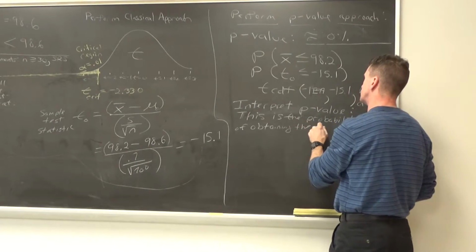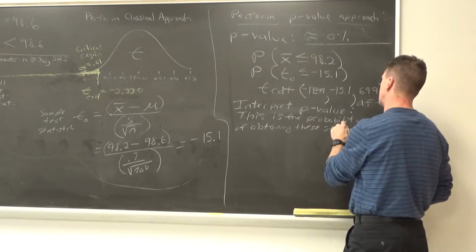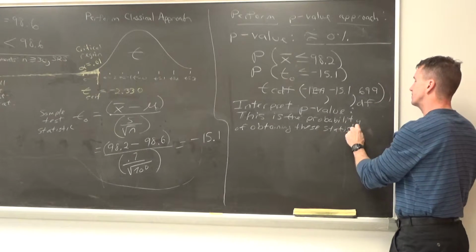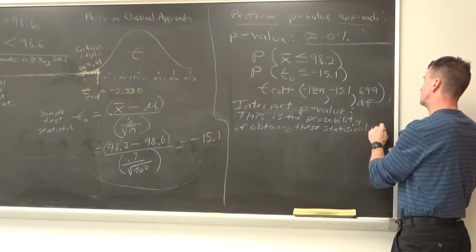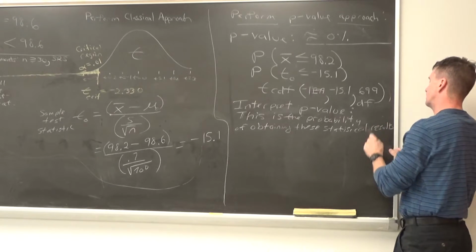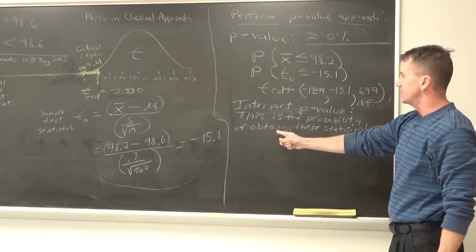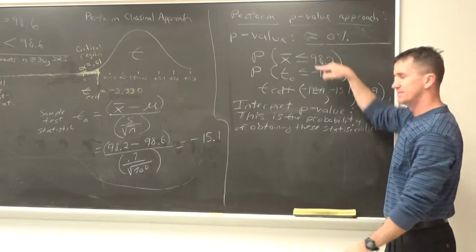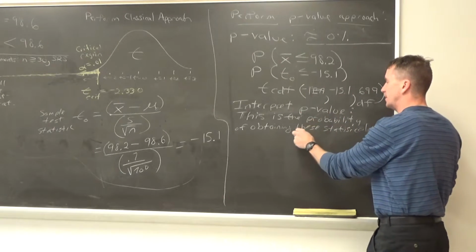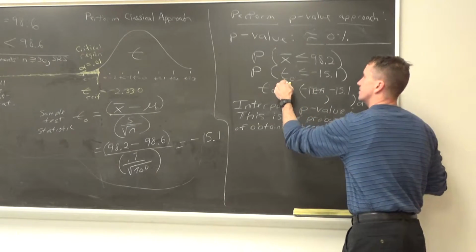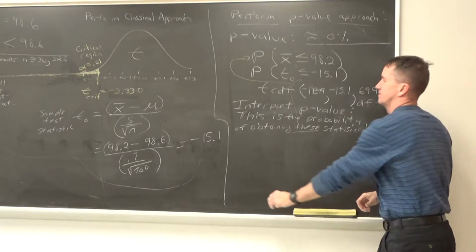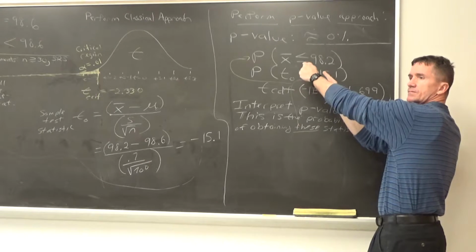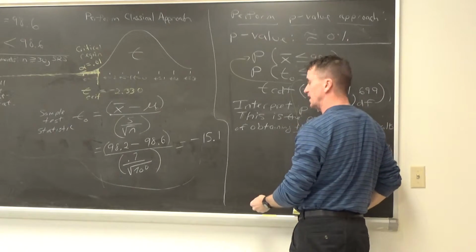This is the probability of obtaining these statistical results. And by me saying these, I'm talking about right here. So if you want me to just draw a little arrow here, what do I mean by these? This stuff. That right there. This is the probability of obtaining these statistical results. And then I'm going to put this really big. If!